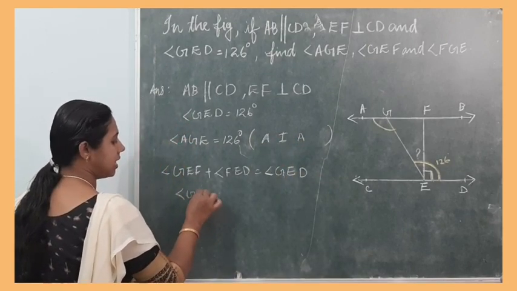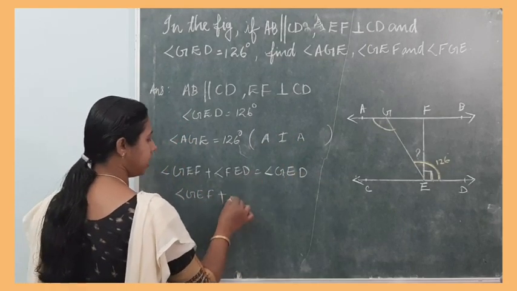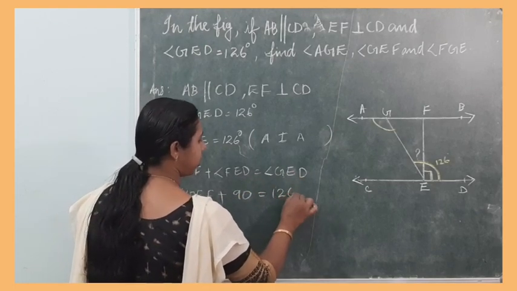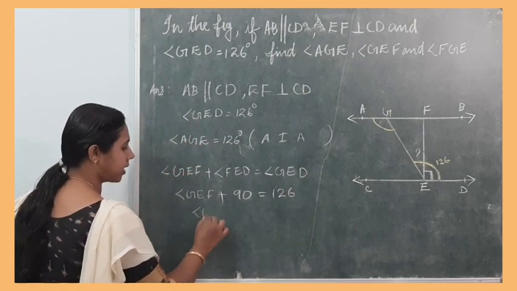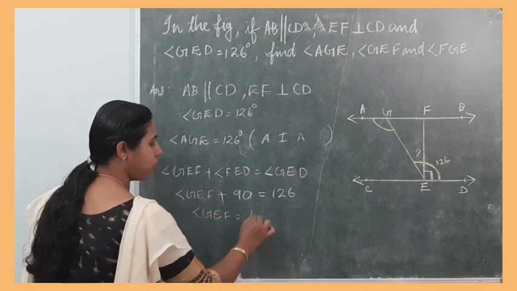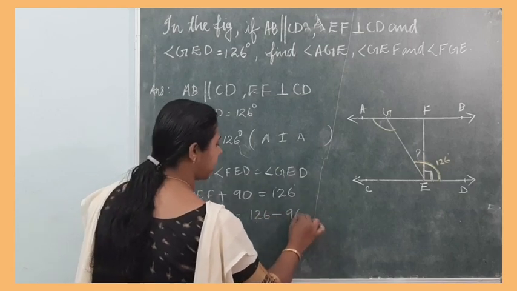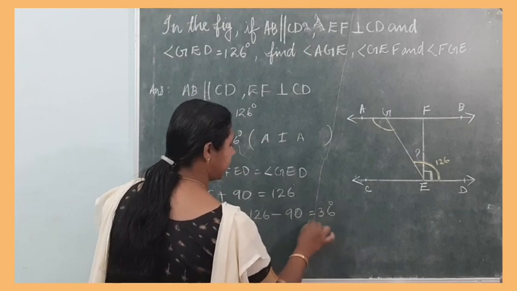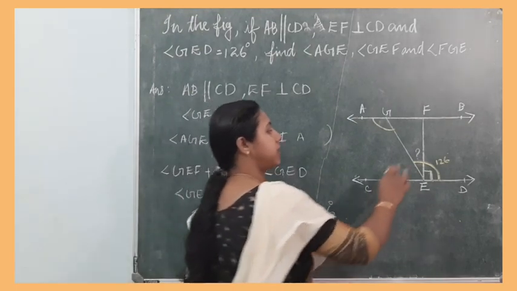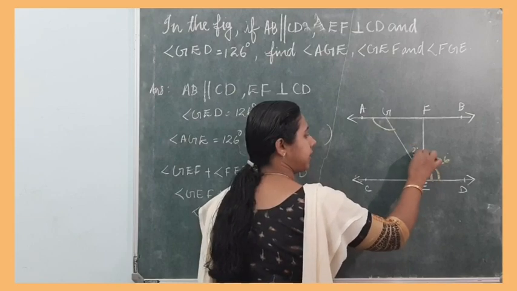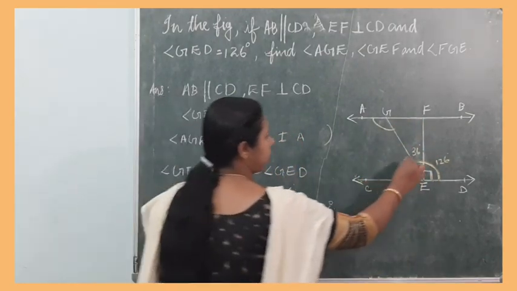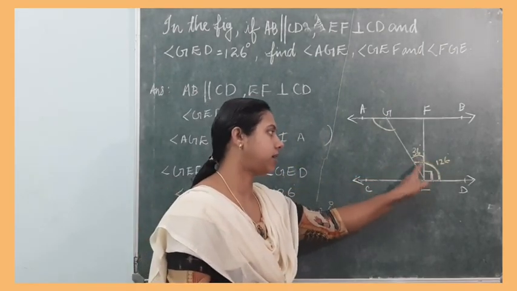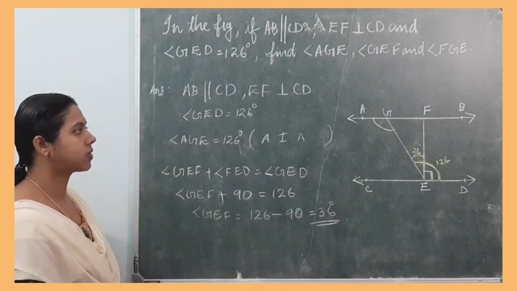So angle GEF plus FED, that is 90 degree, is equal to GED, that is the total angle 126. So angle GEF is equal to 126 minus 90, that is equal to 36 degree. So we got this angle is equal to 36 degrees. So 36 plus 90, that is equal to 126.